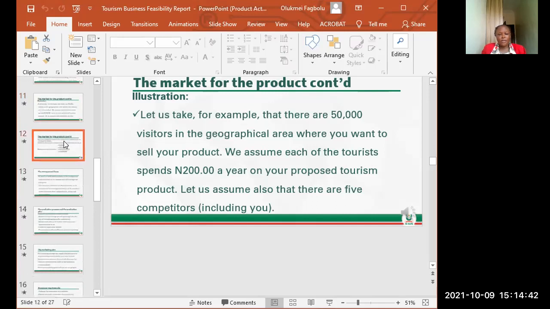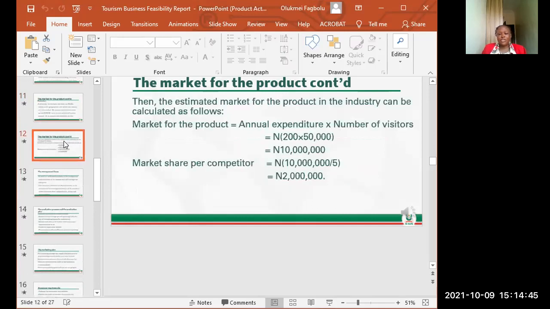It has a formula, and the formula is: market for the product equals annual expenditure times number of visitors. We say a customer is expected to spend 200 naira, and the total number of visitors, according to our illustration, is 50,000. So all we need to do is multiply number of visitors by annual expenditure per person, and that will give us the total market for the product. That is 10 million naira.